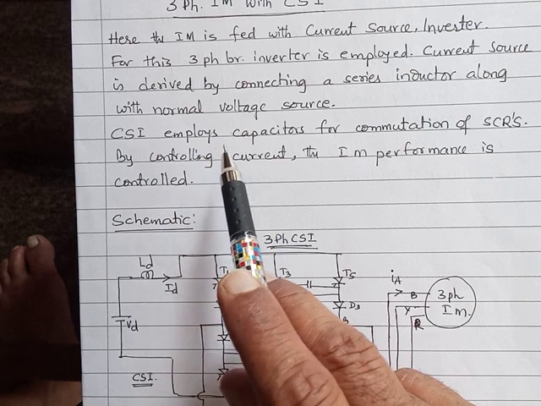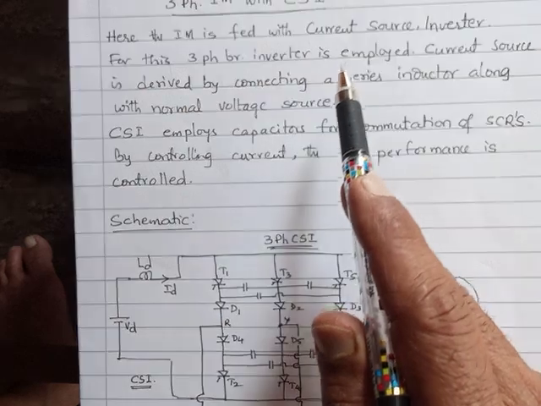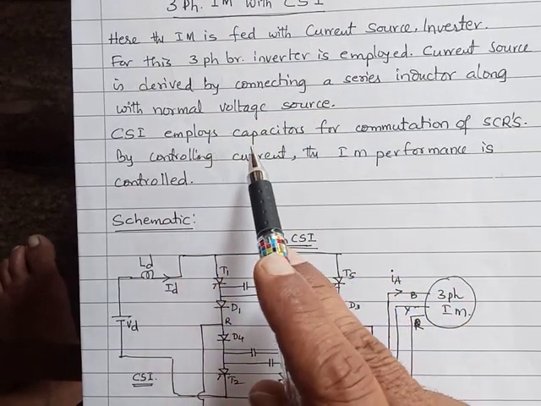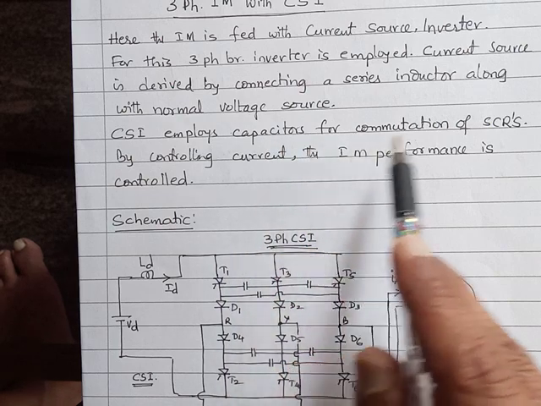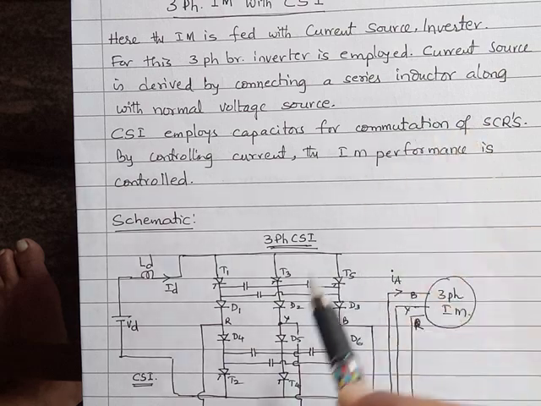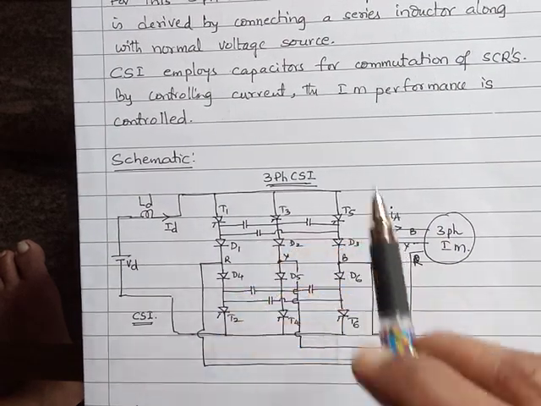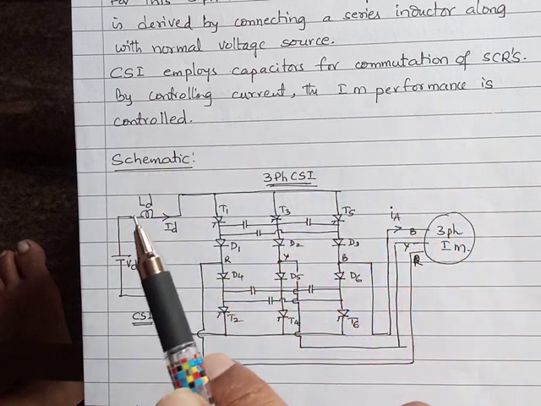And the current source inverter, that is the three-phase bridge inverter, employs capacitors for commutation of SCRs when the SCRs are used as control switches in the bridge. By controlling the current, the induction motor performance can be controlled.